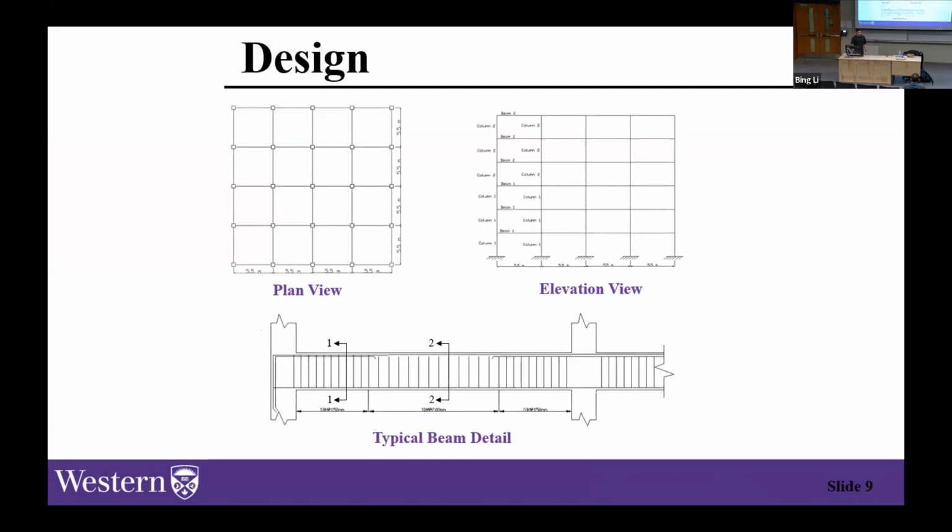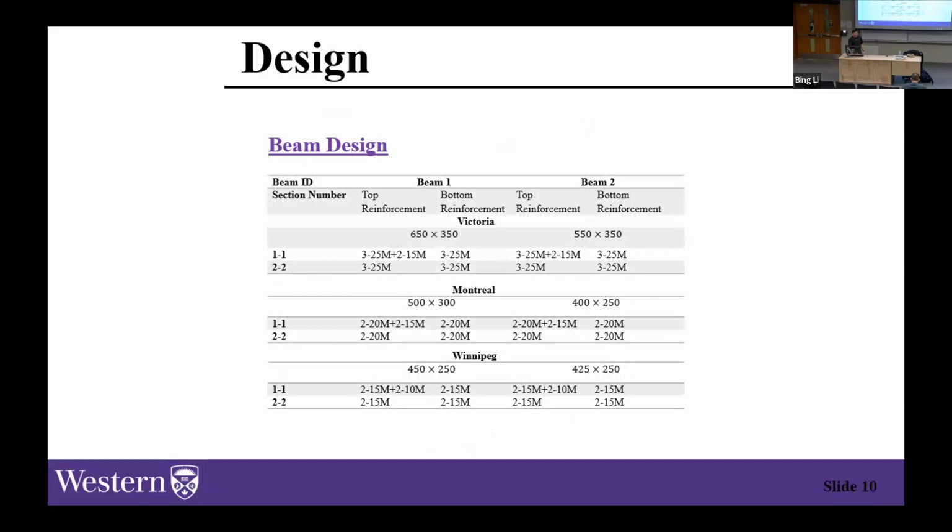This was a residential building, so the live load was 1.9 kPa for each floor. And this is a typical reinforcement scheme that we used for the beams, for example. And these are more details about the individual structure that we designed and different cross-sectional lines that we have for Victoria, Montreal, and Winnipeg.